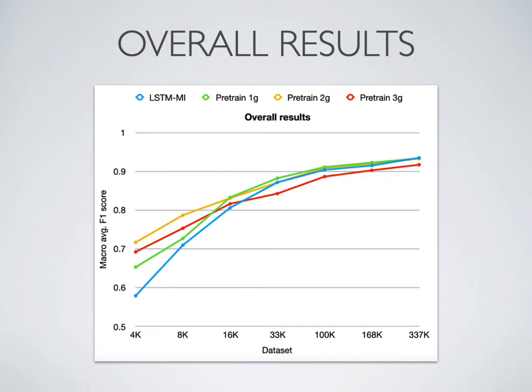But we also see that the performances are quite the same overall when the datasets become big enough. So this seems to confirm that we have an improvement overall using embeddings, in particular 2-gram embeddings.